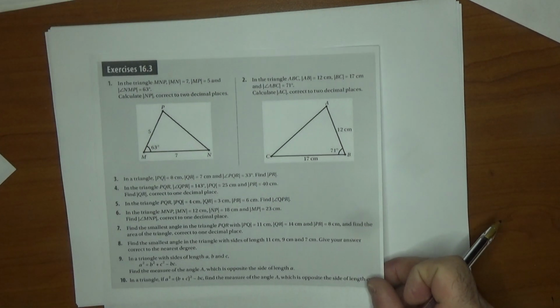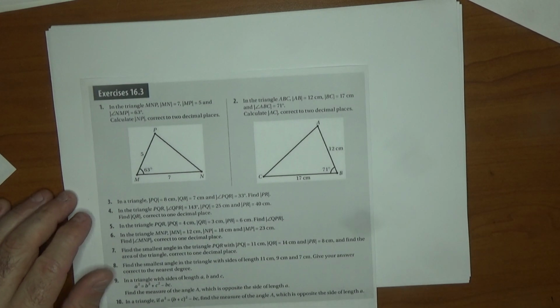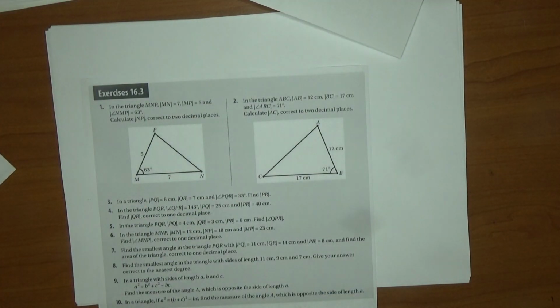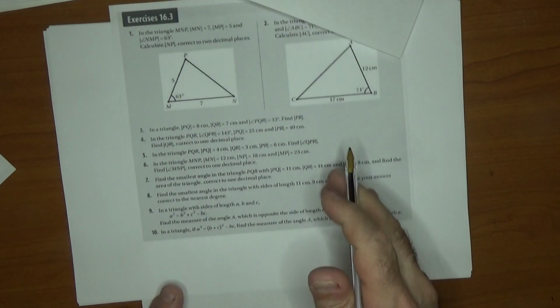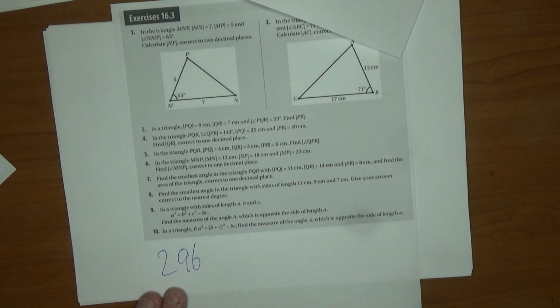So let's have a quick look at question 16 here. And if you want a page number for this, in your book, the cosine rule starts on page 296. It's done very well in your book, and that proof I've just shown you is done pretty much the exact same as I've shown you in the previous video.